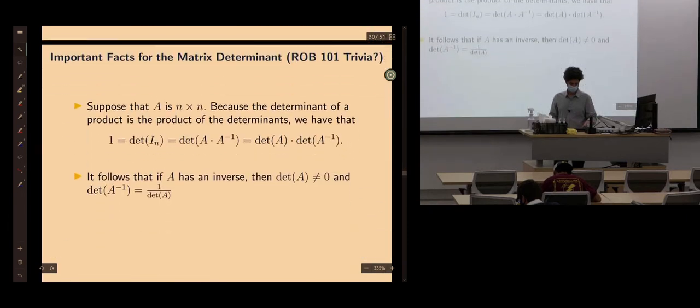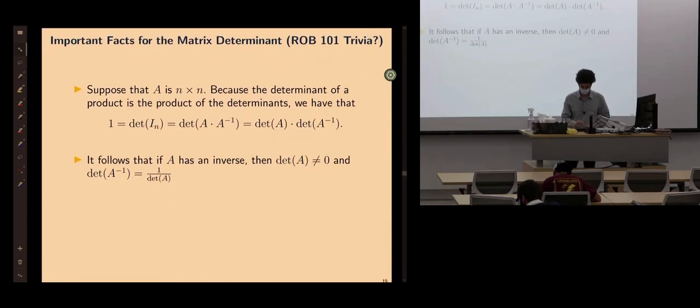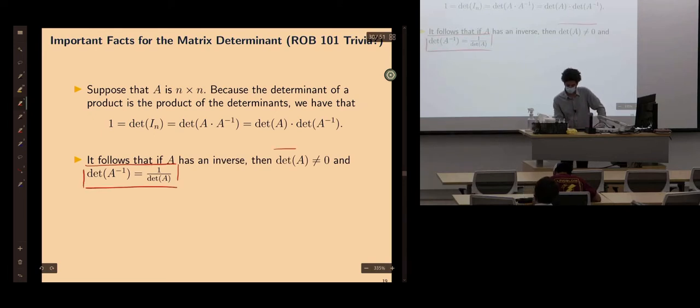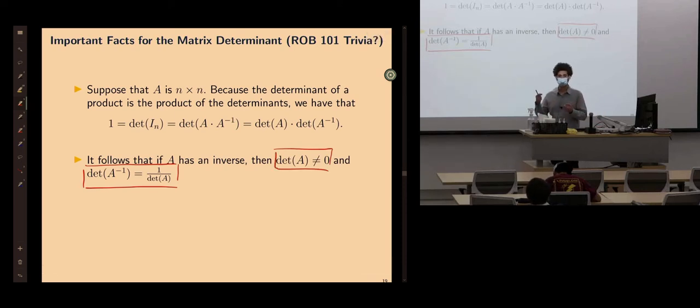And the only explanation here is that, first of all, if two things are getting multiplied and the result is 1, they cannot be 0, right? If one of them is 0, that just doesn't make any sense because the other side of the equality must also be 0.